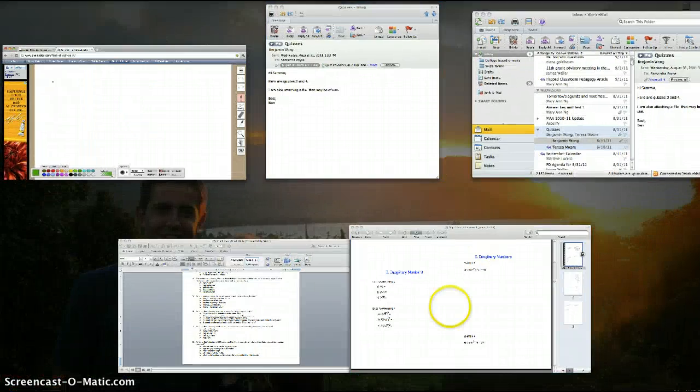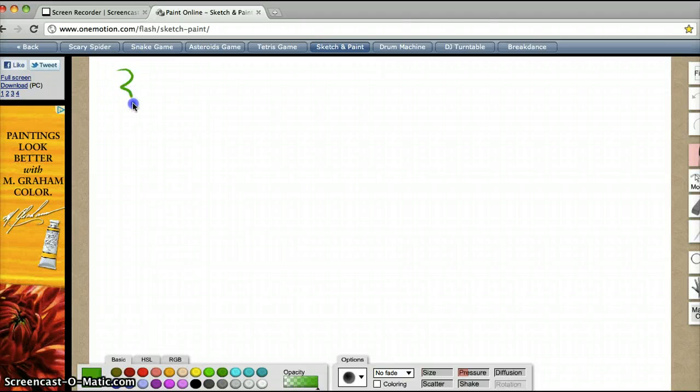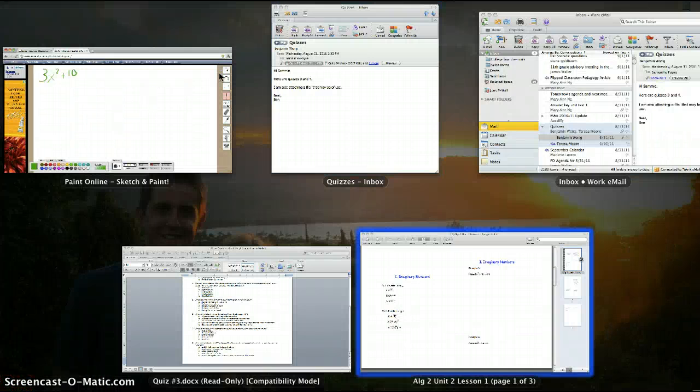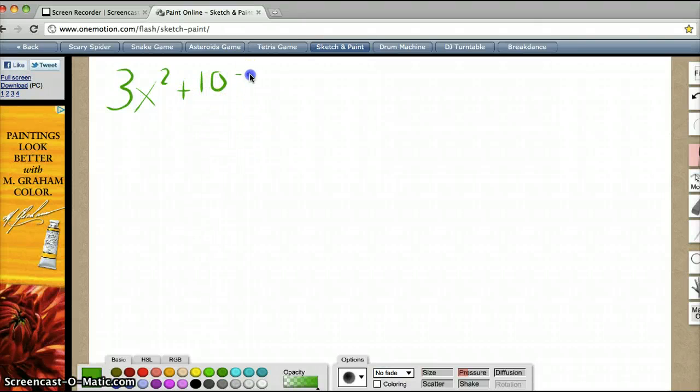So it says 3x squared plus 10 equals a negative 26.